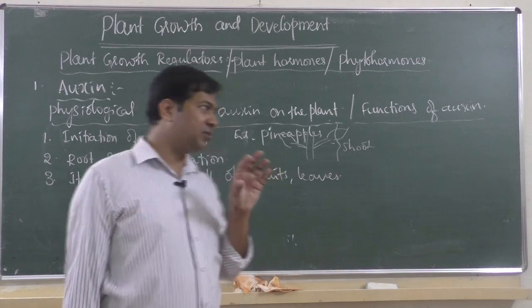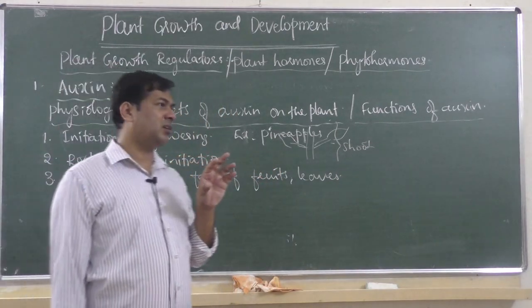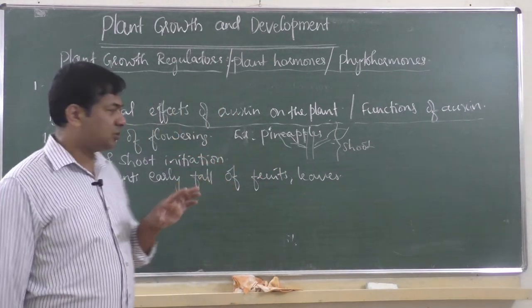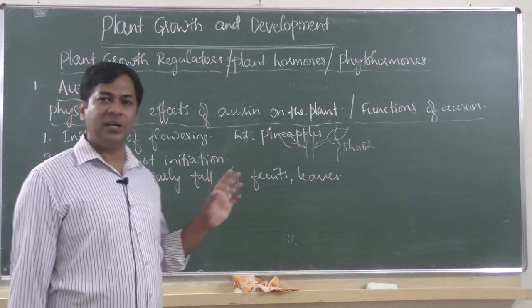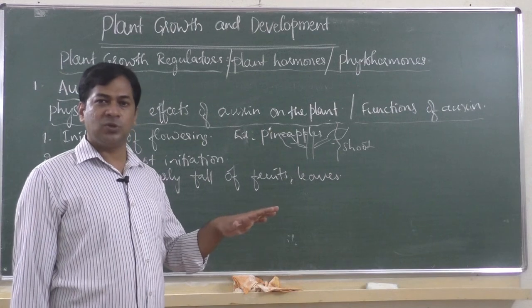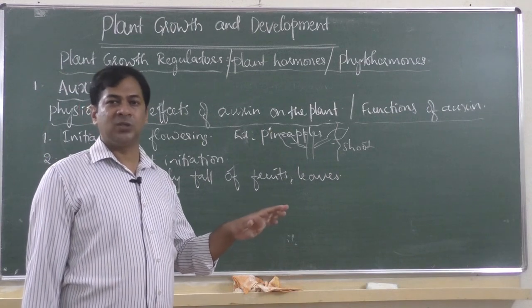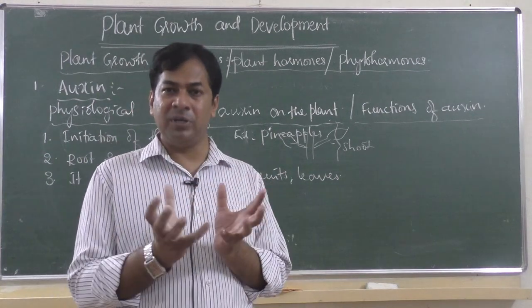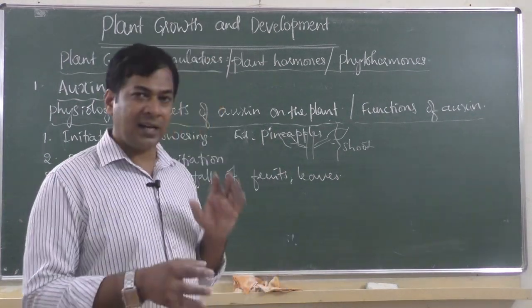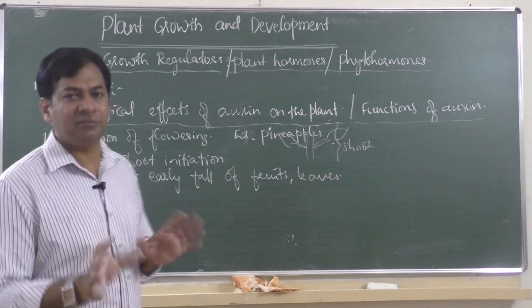When it is a raw fruit, it should not fall. So falling of young leaves and raw fruits will be prevented, so that it helps the plant to grow. The raw fruit will grow and become a ripened fruit. Unless it becomes ripened, it doesn't fall.